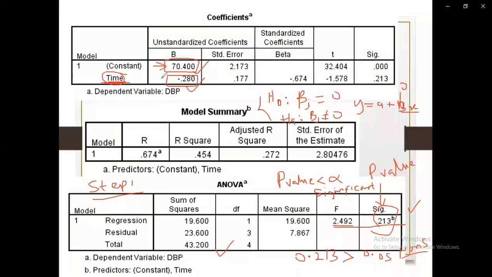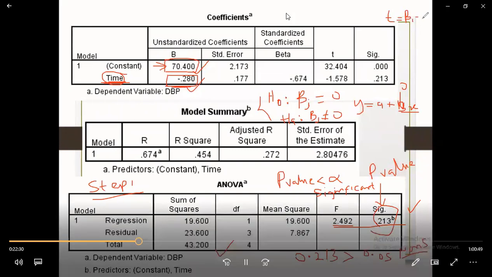You test the significance of your beta using the t-test, and the t-test looks at your beta i or your beta j, minus 0, over the standard error of the estimate.